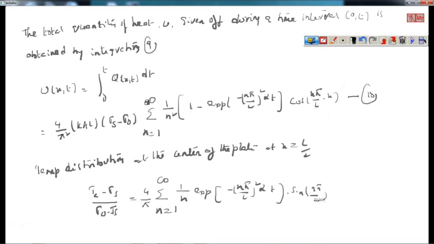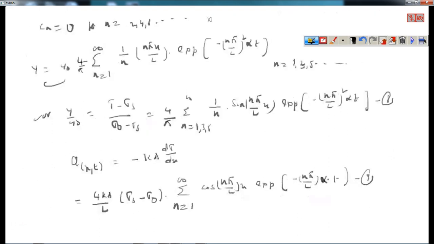This is equation number 11, with n equal to 1, 3, 5 and so on. Okay, so this is about the system with infinite surface resistance, so h equals infinity. This is the case we wanted to discuss in this class.